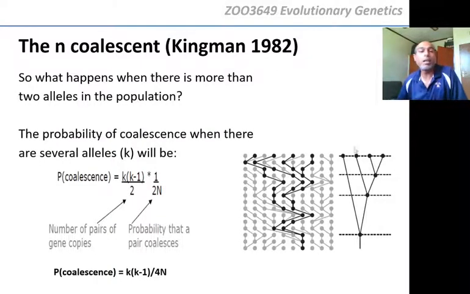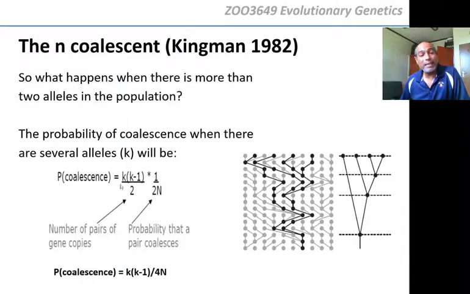A very clever guy named Kingman, in 1982, came up with a formula, this formula here, for when there are k alleles in the population. In other words, when there are more than 2 alleles in the population, okay? So k is basically equal to the number of alleles in the population. So if we have a population with 10 alleles, then k in this formula will be 10, and you will have 10 times 1 minus 10, which is 9, divided by 2, okay?